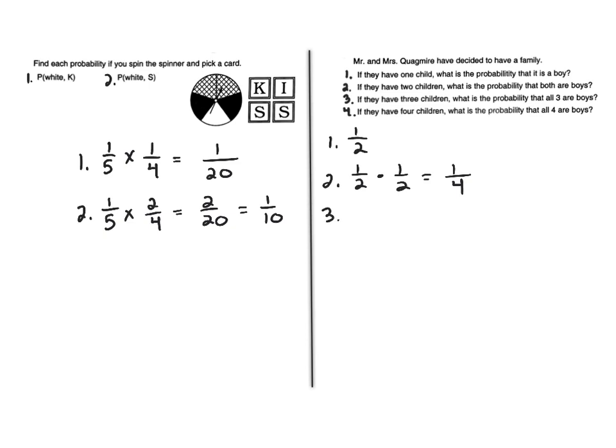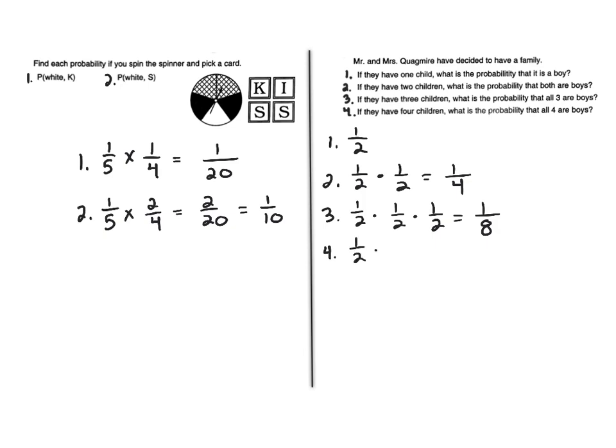Number 3. You now have 3 children. And what is the probability they're all boys? So 1 out of 2, 1 out of 2, and 1 out of 2, which gives me 1 out of 8. Okay. And then the last part, we have 4 children now. And again, what is the probability they're all boys?